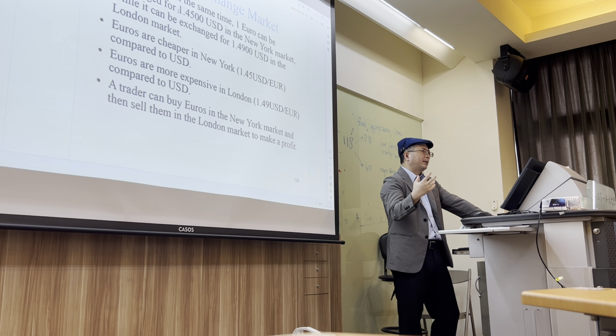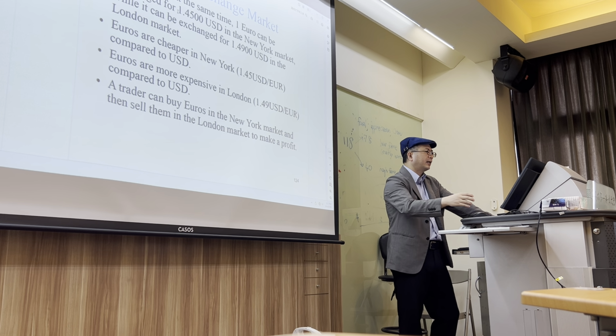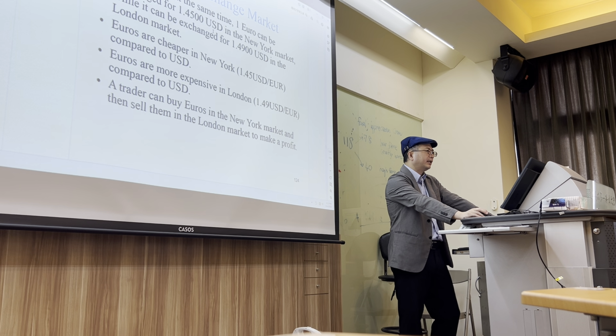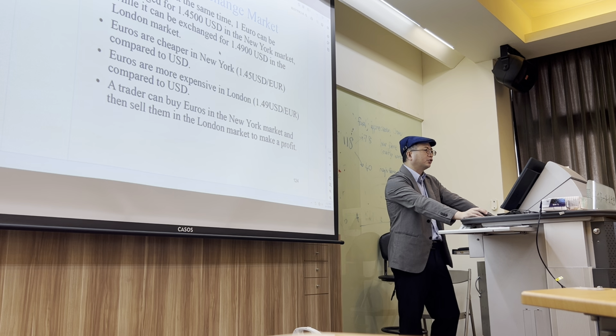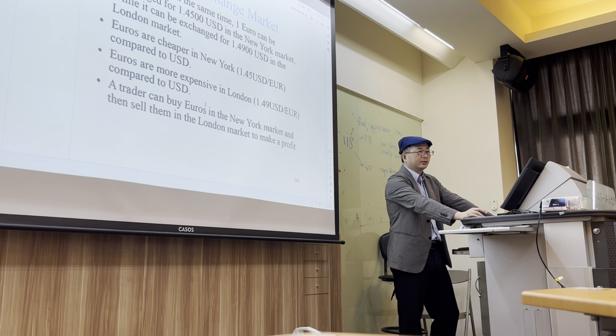If we use the same strategy, this means that we can exchange 1 euro for 1.45 USD in the New York market, while it can be exchanged for 1.49 USD in the London market. In such a case, the euro is cheaper in New York and more expensive in London. So a trader can purchase the euro in New York and then sell it in the London market to make a profit.